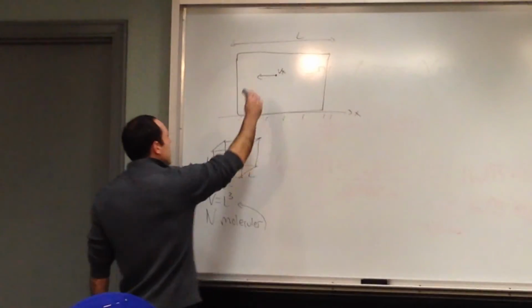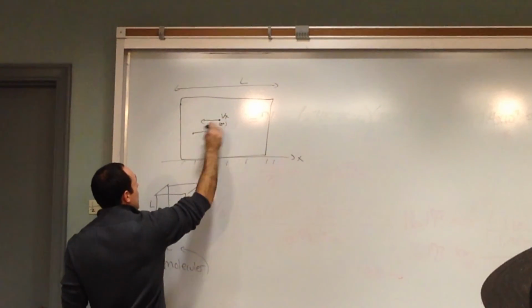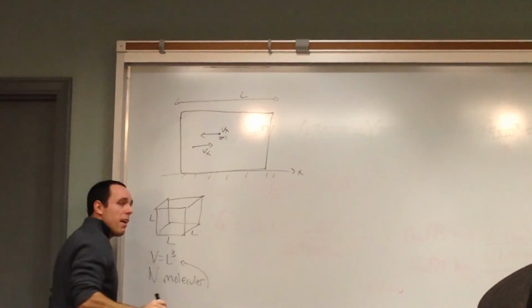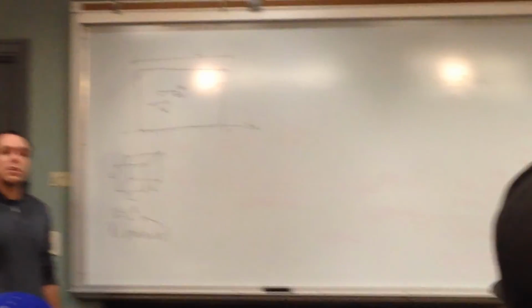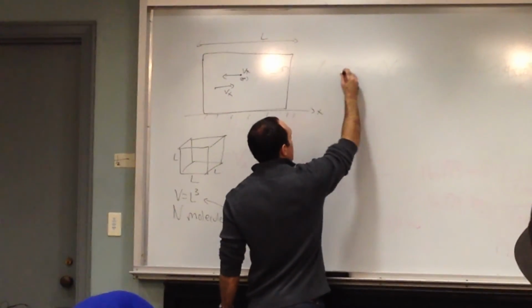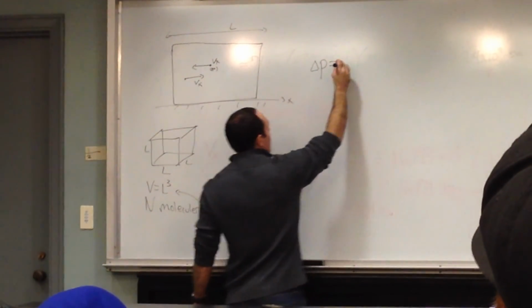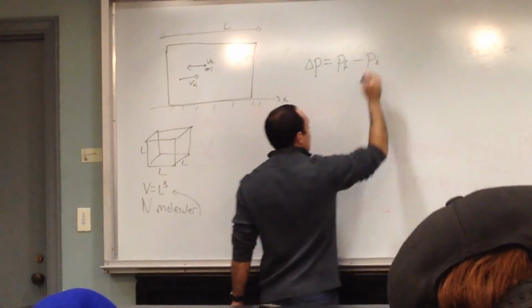So let's say that this hits the wall of the container, and then this mass element, a little mass m, bounces back with the same velocity vx. Because it bounced back, that means there's a change in momentum that's being applied. So we could see that there's a change in momentum of this gas as being represented as the final momentum minus the initial momentum.